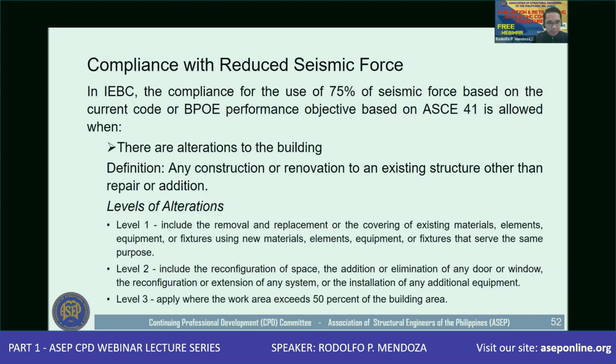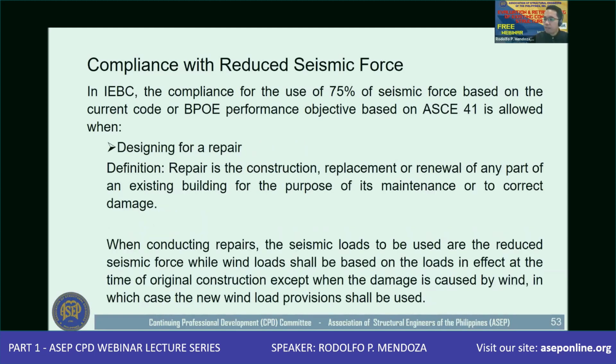So if you use the code-based procedure, then you are allowed to use 75% of the seismic load calculated using the new code. Or if you are using a performance-based procedure, you are allowed to use a BPOE performance objective. Now, when you are doing a repair in a structure, then you are again allowed to use reduced seismic force.